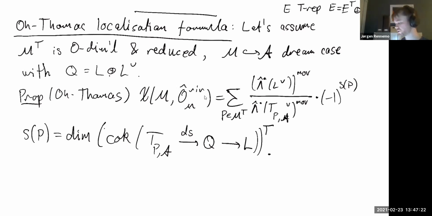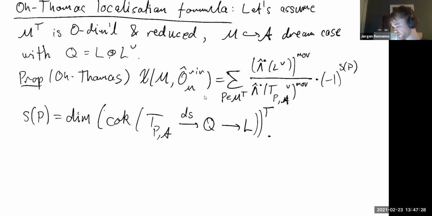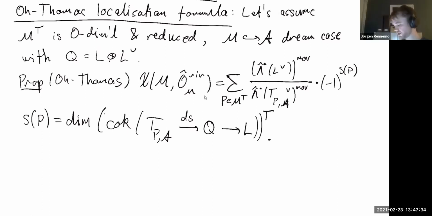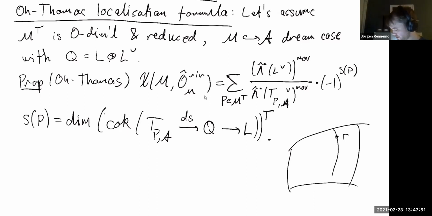If your torus is big enough, if you have a big enough torus acting on everything, so that actually P sits inside here, and I want to say there are two things you can do to P. This is just my naive and informal understanding of this.